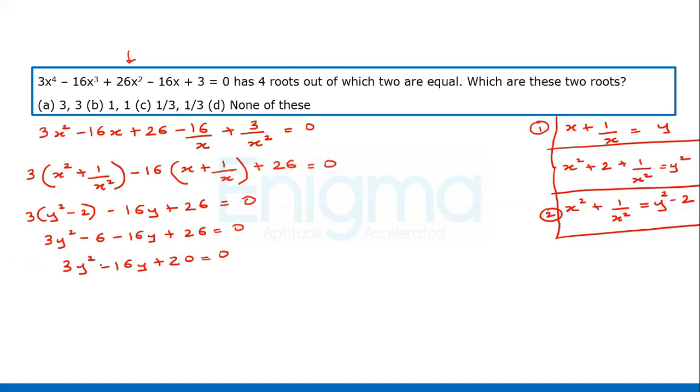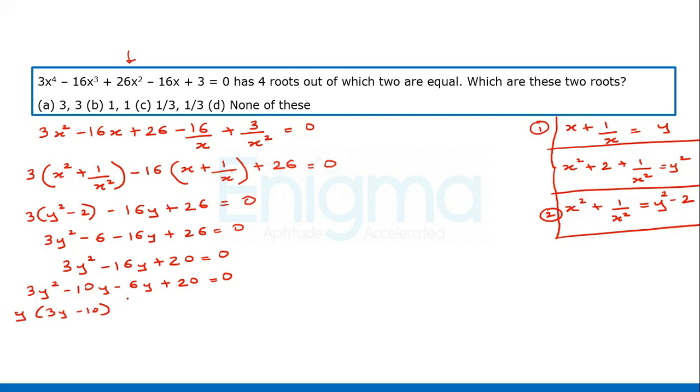Now solving this, we get here 3y square minus 10y minus 6y plus 20 equal to 0. So taking y common, we have here 3y minus 10.